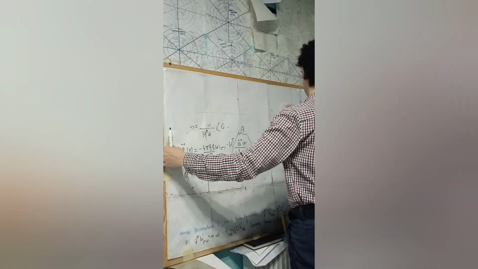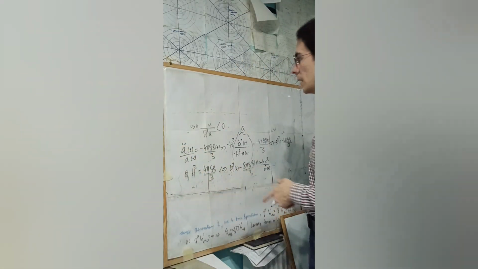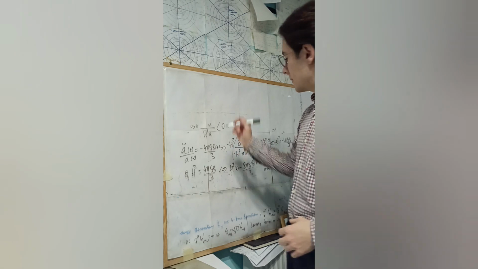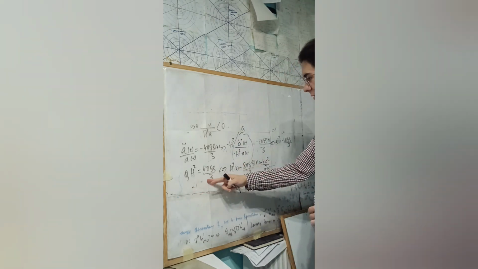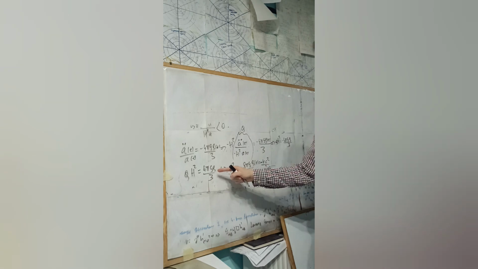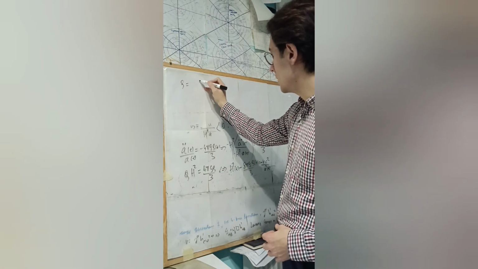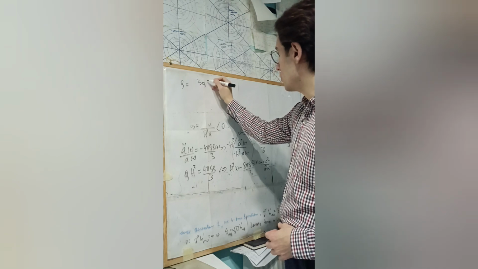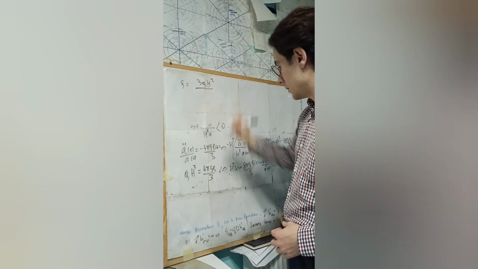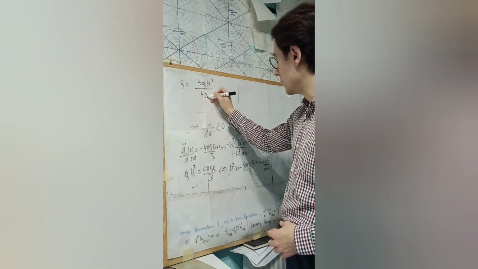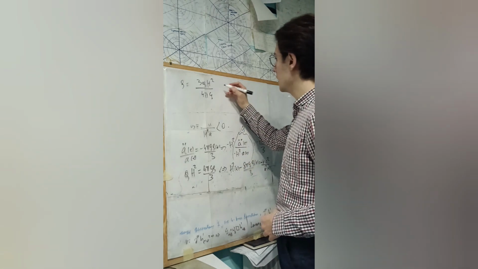We will continue to write down the equations again. Okay. Well, you can remember that we have this relation here, so I can solve it with respect to the rho, the density, which is equal to 3qH squared divided by 4 pi G, right? Is it clear? All right.